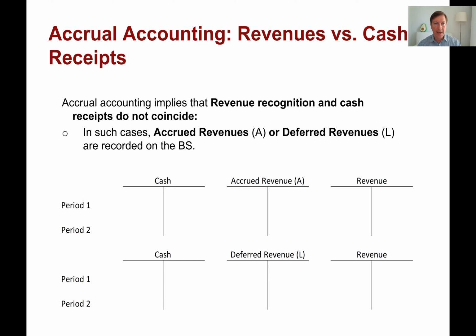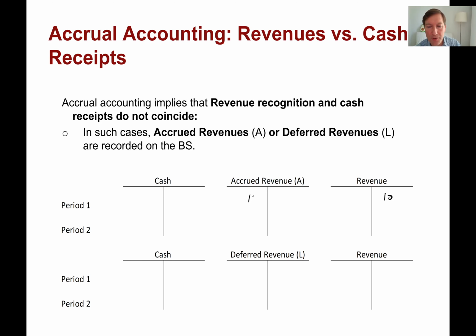Okay, so accrual accounting implies that revenue recognition and cash receipts do not coincide, and for this reason we are going to need two types of accounts, accrued revenue and deferred revenue, to deal with that problem. So for instance, we could have a situation when we earn revenue, say 10 over here, but we haven't received cash yet, right?